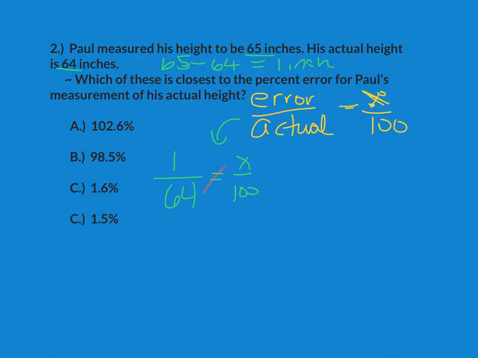And then when I cross multiply, I have 64x, or 64 times x, equals 1 times 100. I know that 1 times 100 is 100, so I'm just going to keep going. 64x equals 100. I am still solving for x, so I'm going to divide both sides by, what is the x multiplied by? 64.